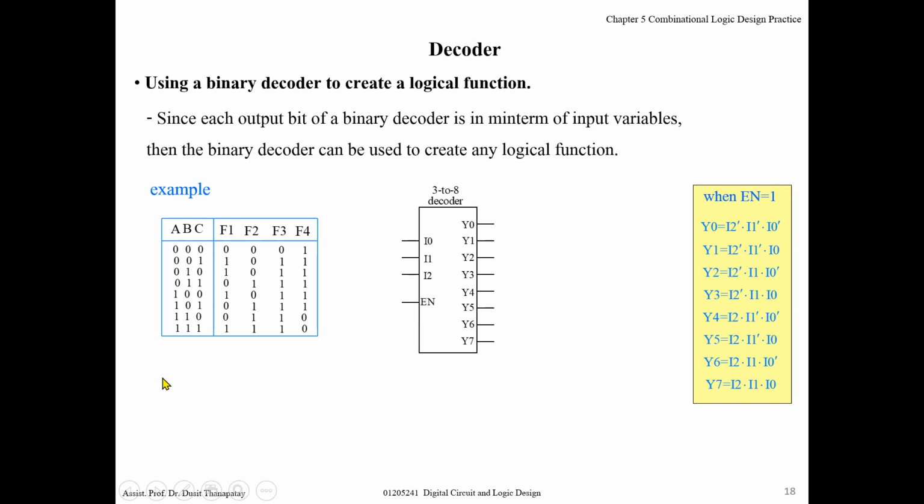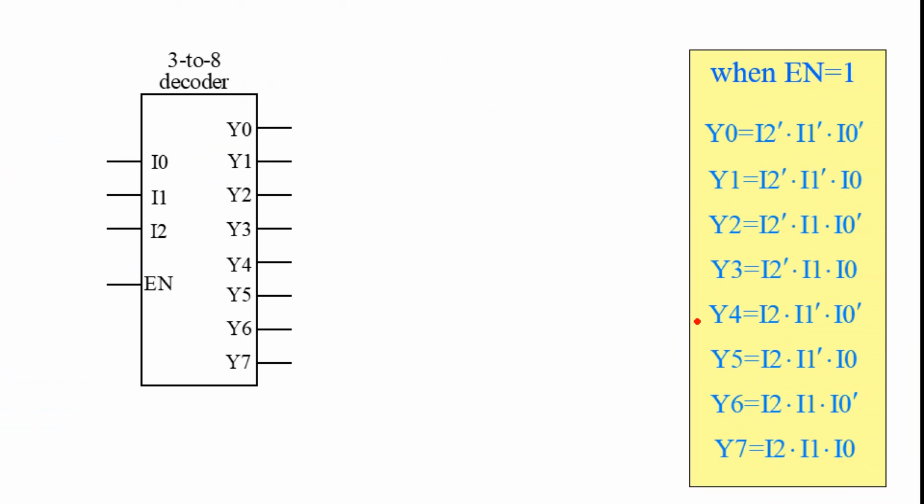The most important thing is that you can use a binary decoder to create or implement any logical function. Why? Let's observe something like this. When enable is 1, the output y0 will be active, or will be 1, when input is 0 0 0.